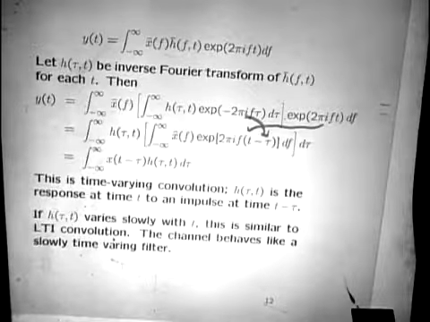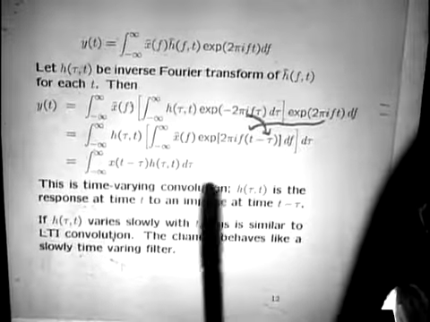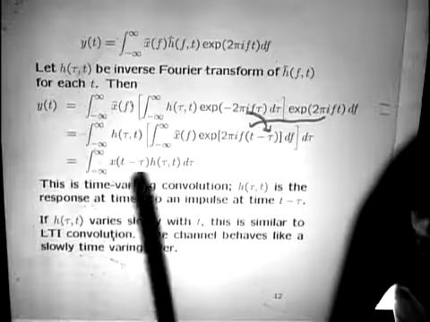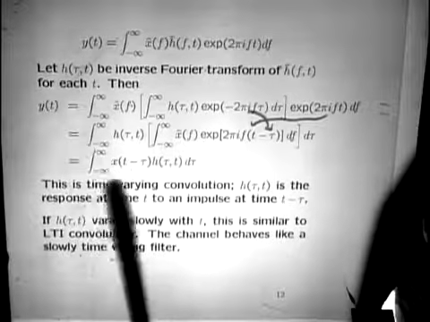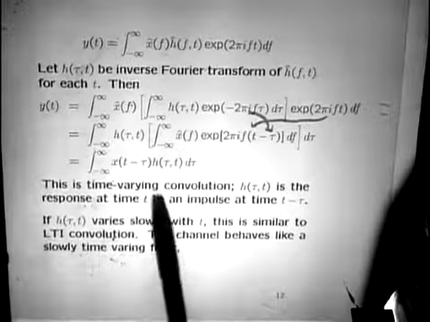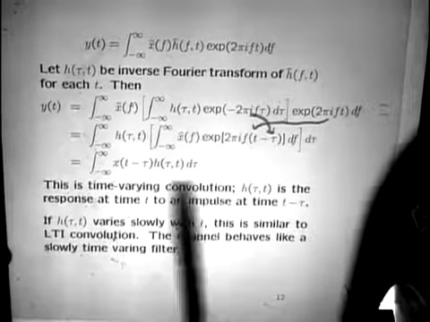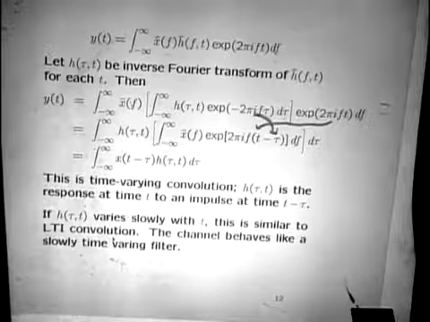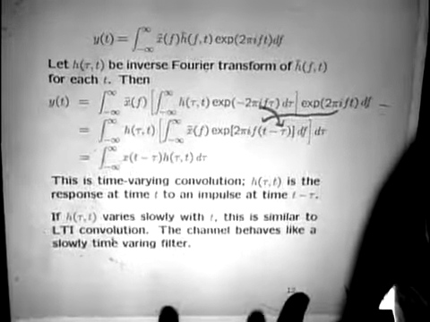Looking at this, we see something very nice, because this is just the Fourier transform of x of t minus tau. So when we take that out, we get the integral of x of t minus tau times h of tau and t d tau. In other words, this is time-varying convolution. Nice simple equation. Makes a lot of sense.